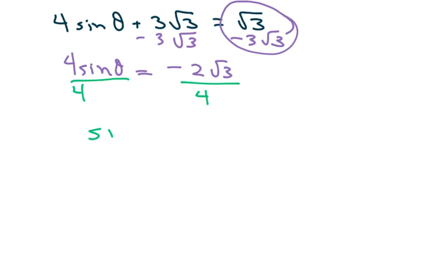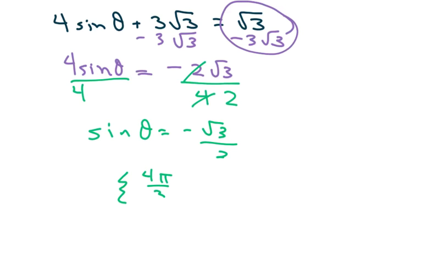And that's going to give you sine of theta equals negative square root of 3 over 2, because 2 goes into the 4 2 times. And we know there's 2 solutions for this. Sine is negative in quadrant 3 and 4, and that occurs at 4 pi over 3 and 5 pi over 3.